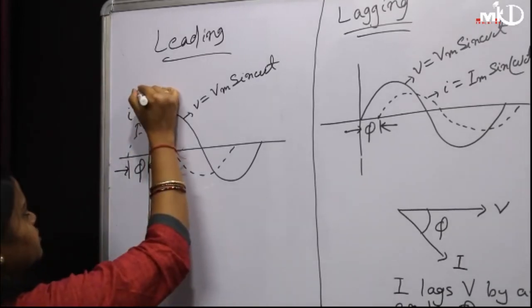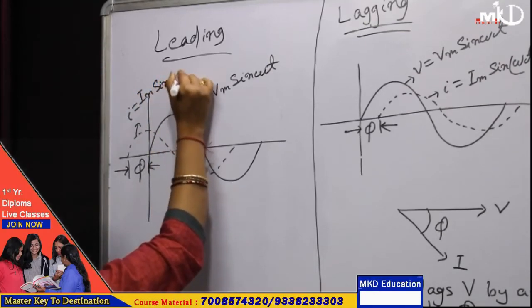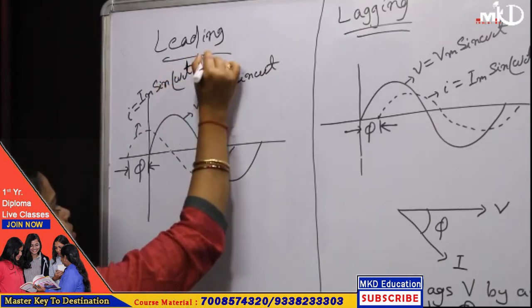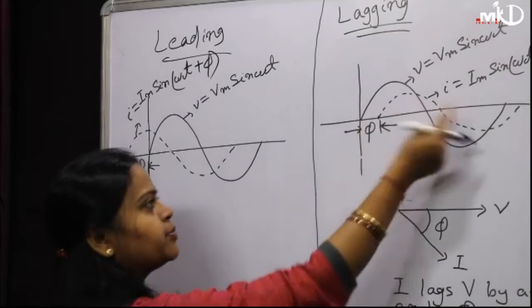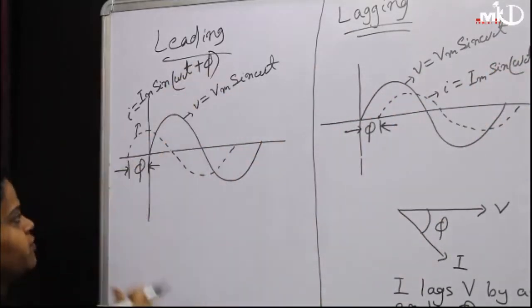So I must be Im sin of omega t plus phi. It is starting before V, whereas in the lagging case it starts after V, where it was omega t minus phi. Here it should be omega t plus phi.